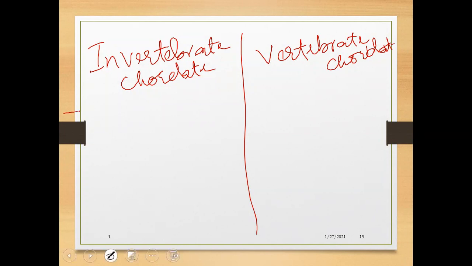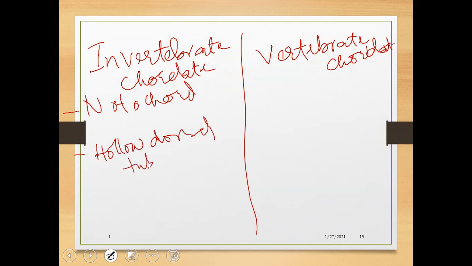In invertebrate chordates, the notochord remains the same, the hollow dorsal tubular nerve cord remains the same, and the pharyngeal gill slits remain the same.